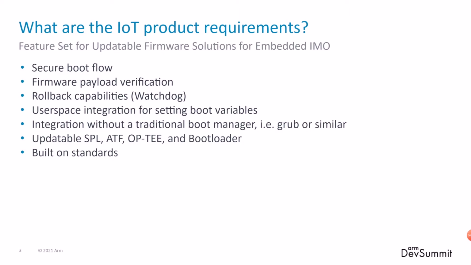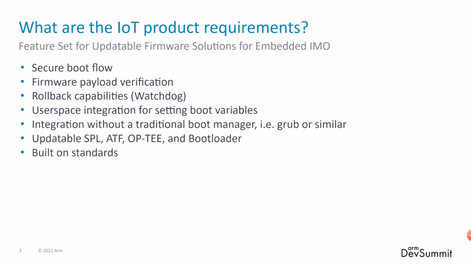And then you have tools available to you in user space for setting boot variables to tell the bootloaders themselves that there's an update that's pending and that they need to flash it. Now, integration with the traditional boot manager, those will come up a lot. Some of us building products can't use Grub due to license reasons and performance reasons. We need to be able to work without a traditional boot manager in the way, and that's a product requirement, unfortunately.